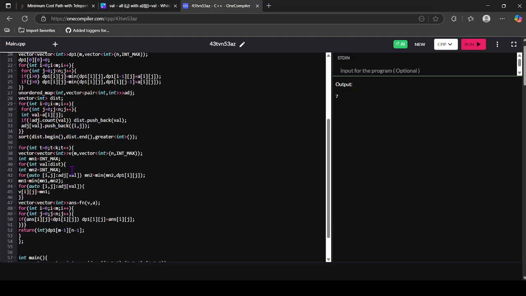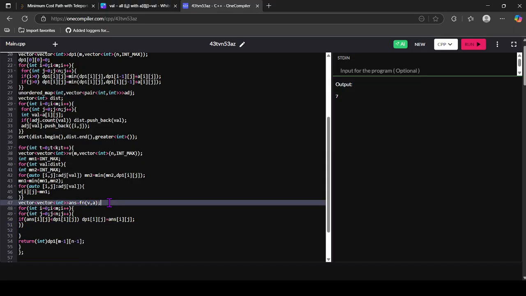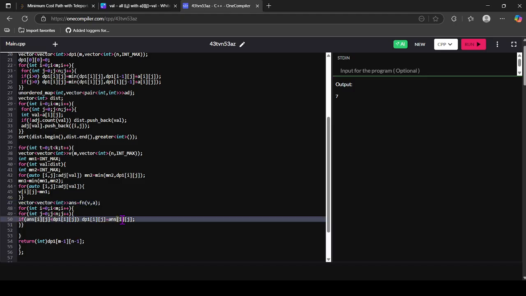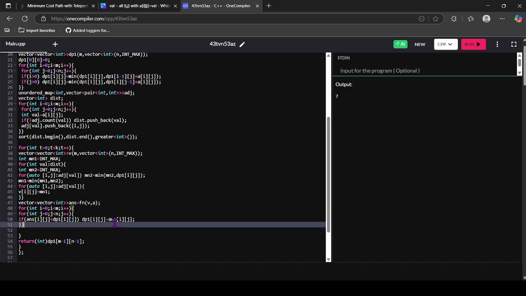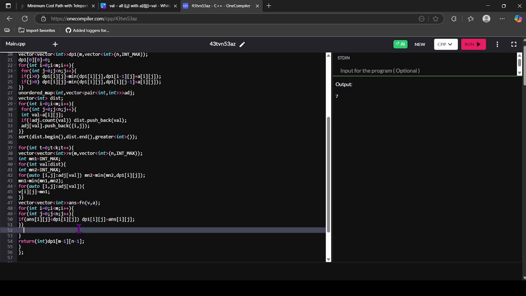So after updating, we will get the new dp1. We got the new dp1, and then update the values finally for this k. So we got dp1 also, and then just update with the minimum value. Keep the minimum value of all the time. This will be updated every time if there is a lesser value.